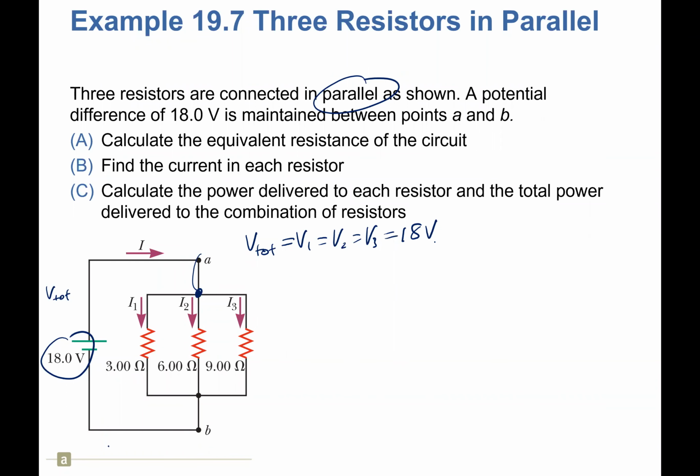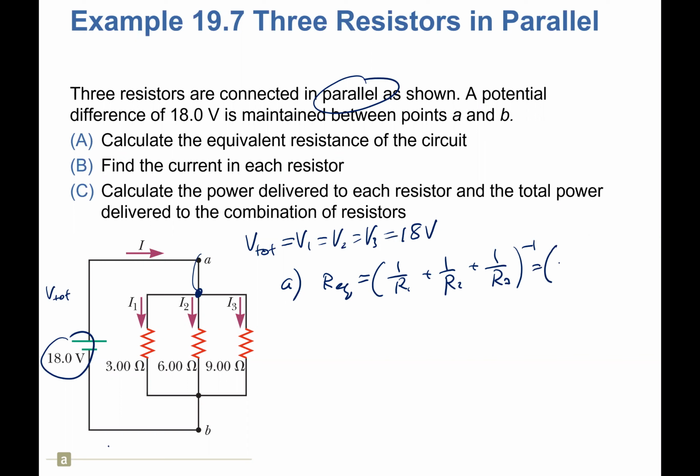And then we're given the values of the resistors, 3, 6, and 9. That means for part A, to calculate the equivalent resistance in the circuit, all I have to do here is combine them. So R equivalent equals 1 over R1 plus 1 over R2 plus 1 over R3, to the -1.